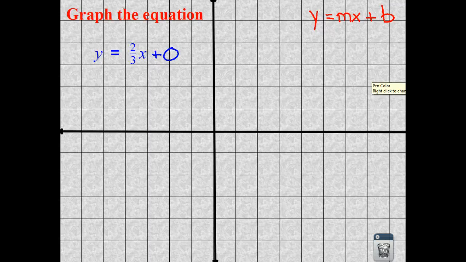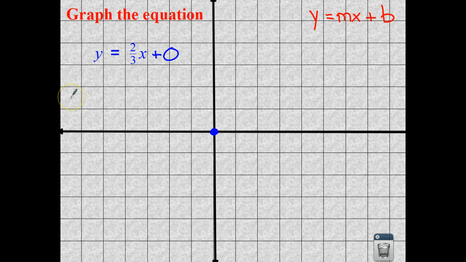Okay, so if that is my y-intercept, my line in some way or fashion is going to cross at the origin, 0. And from that point, I am going to use my slope to generate all of my other ordered pairs.